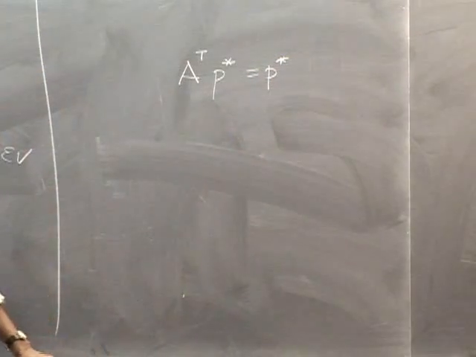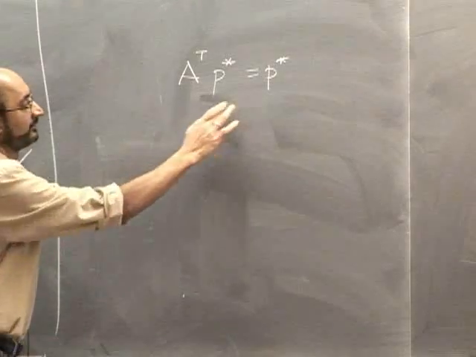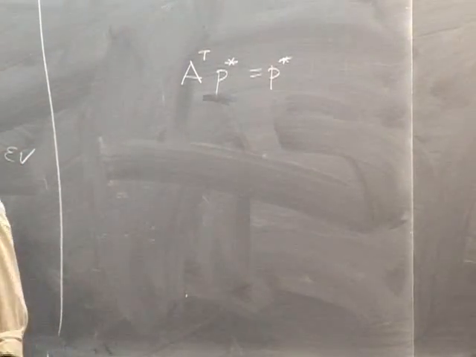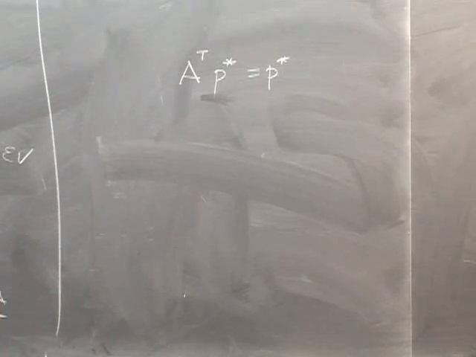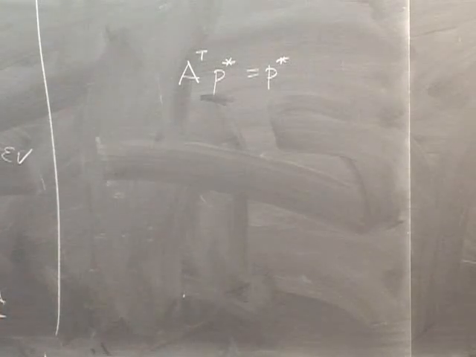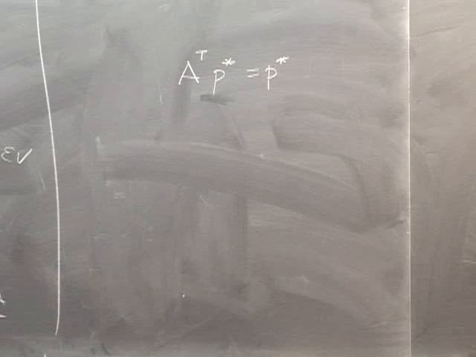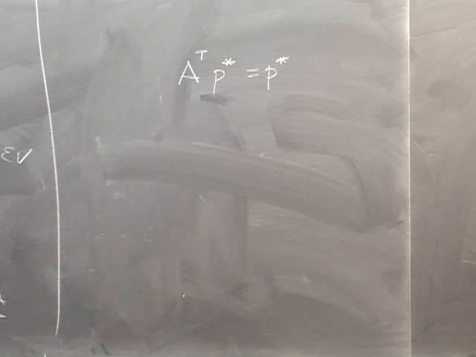Okay, this is nice. It looks pretty cute. What it says is that the application of A transpose to the probability vector P star doesn't change it. It stays P star. So what is the physical interpretation? Once we reach this distribution P star, the application of the transformation doesn't change it. We can think of it as a fixed point.